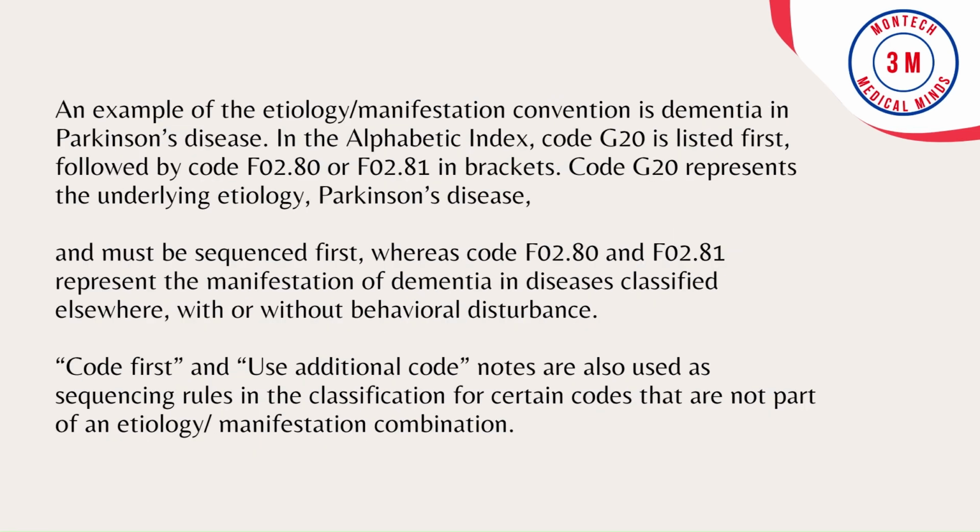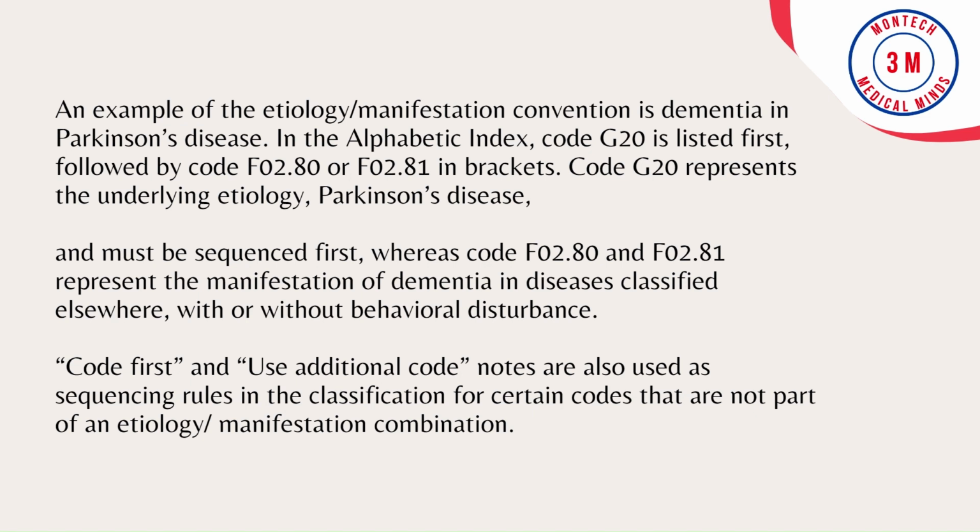An example of the etiology/manifestation convention is dementia in Parkinson's disease. In the alphabetic index, code G20 is listed first, followed by code F02.80 or F02.81 in brackets.